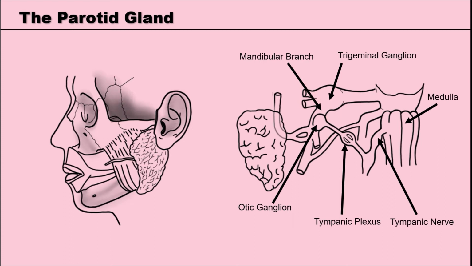We also have another selection of nerves coming from the medulla. These are the tympanic nerves, which are going to branch into a tympanic plexus. The tympanic plexus is located within the ear canal, near the tympanic membrane, so near the eardrum. And we also have another ganglion which we're going to briefly look at today, which is the otic ganglion, the ganglion located near the ear.